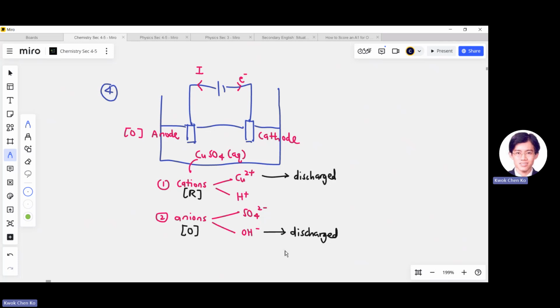Okay, come Dylan. Copper 2 plus. What reaction will it undergo? Yes, good. Remember, it's a reduction, gain of electrons, meaning electrons on the left-hand side. OH minus, hopefully you still remember what happens when you discharge OH minus.